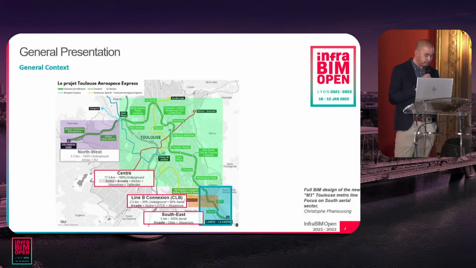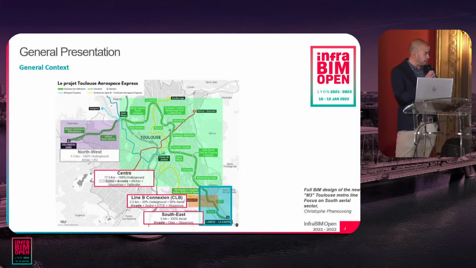It's composed of 21 stations, principally underground, and with 5 kilometers of bridges, especially in the southeast part, on which we will focus, and also a little part on the northwest sector.